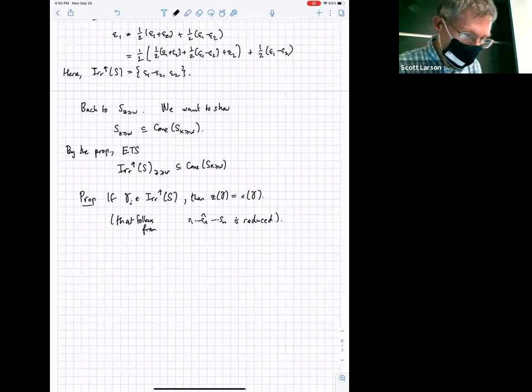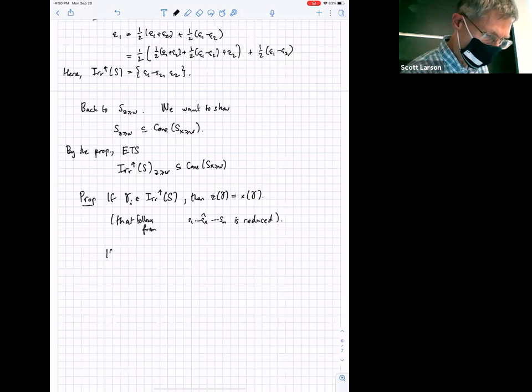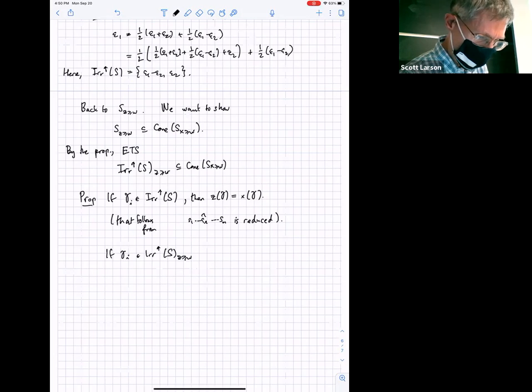So if you're an irreducible element, then your z hat is your x hat, and therefore if you're in the z set, then you're automatically in the x set because your z and your x values are the same. So if gamma I is in irreducible S of z bigger than or equal to w, then z of gamma I is bigger than or equal to w.